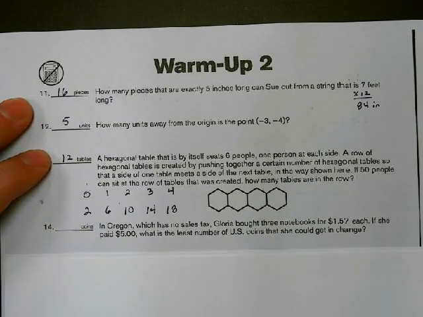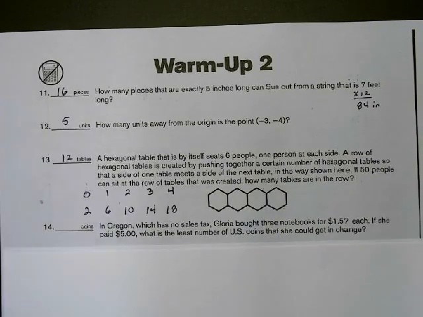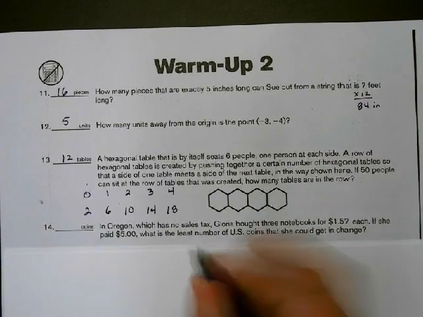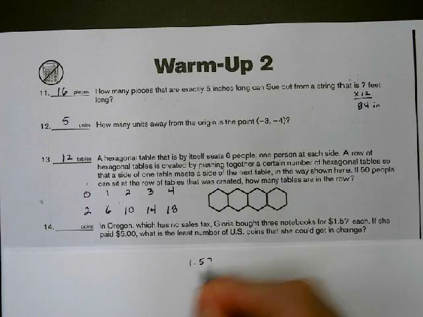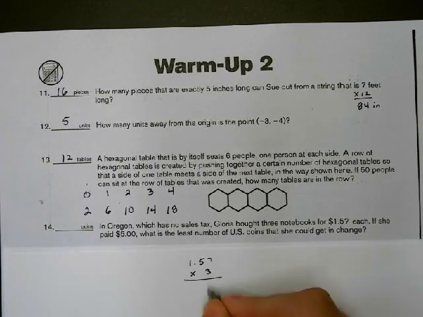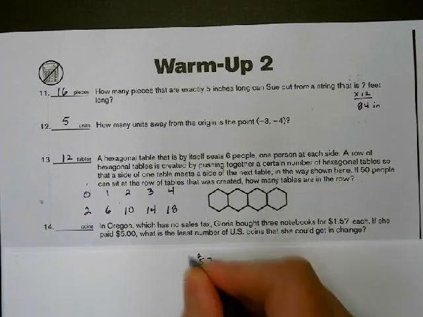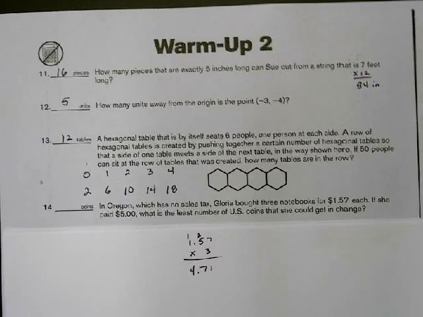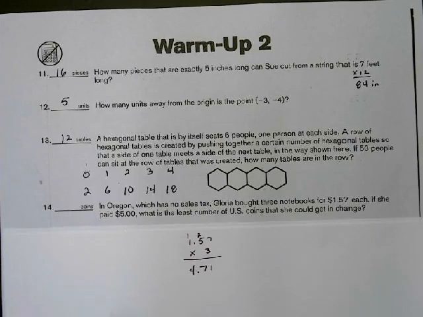Next. In Oregon, which has no sales tax, Gloria bought 3 notebooks for $1.57 each. Okay, $1.57 times 3. She spent $4.71. Okay. If she paid $5, what's the least amount of US coins that she could get in change?